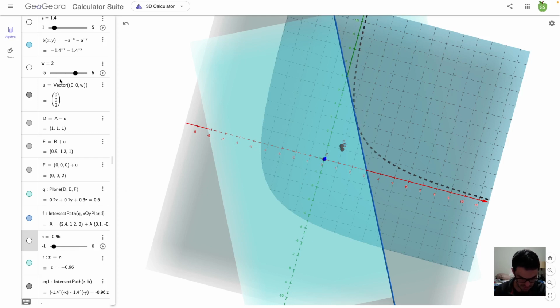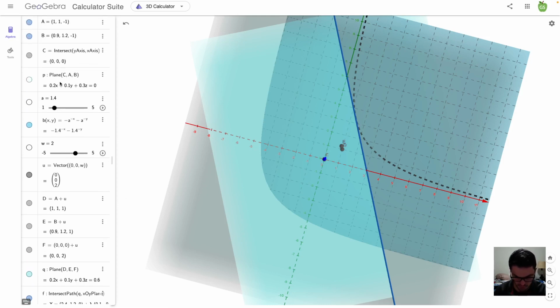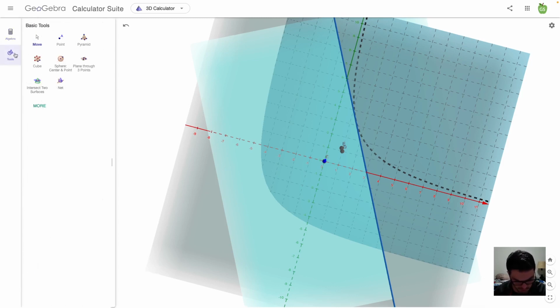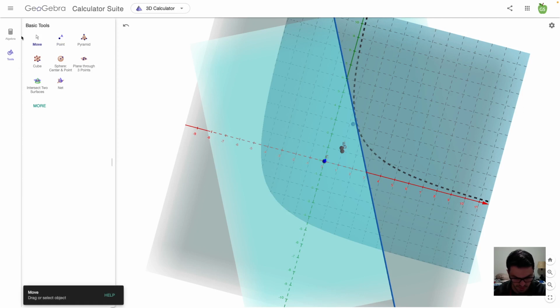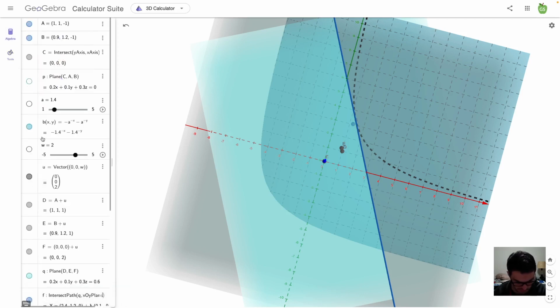So let's make ourselves more risk averse. First of all, let's put a point on this graph somewhere right around here, to say this is about where the optimal portfolio was. That's the optimal portfolio if our A, our risk aversion, is 1.4.